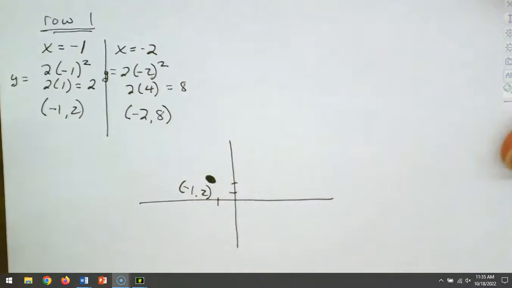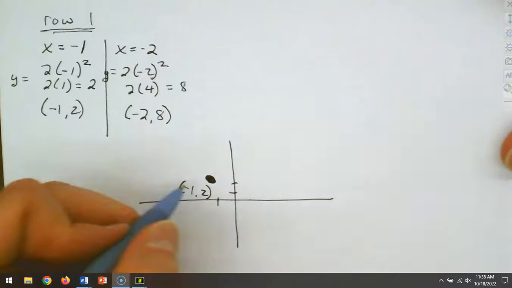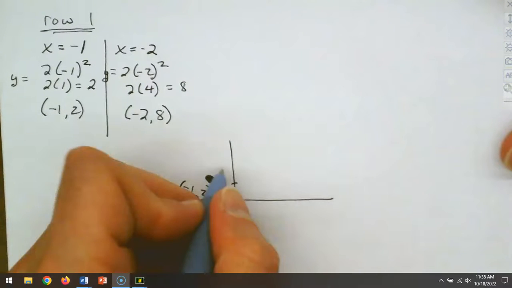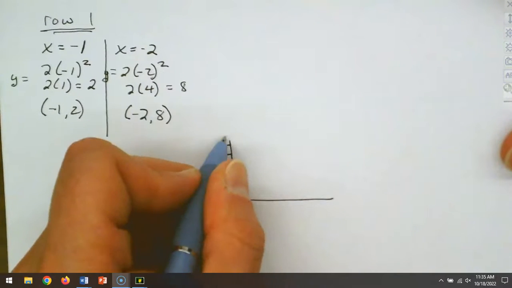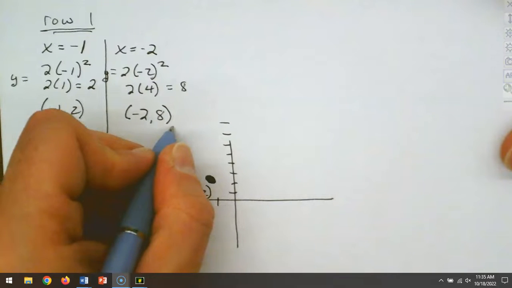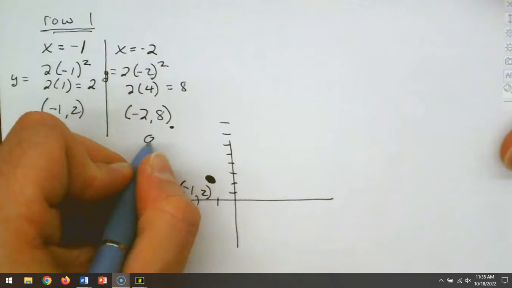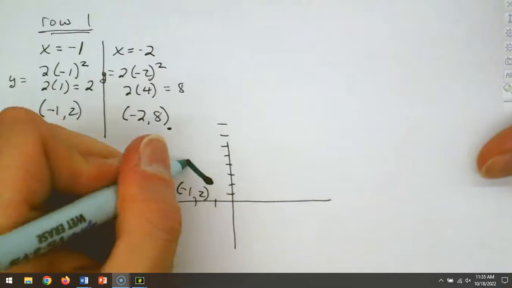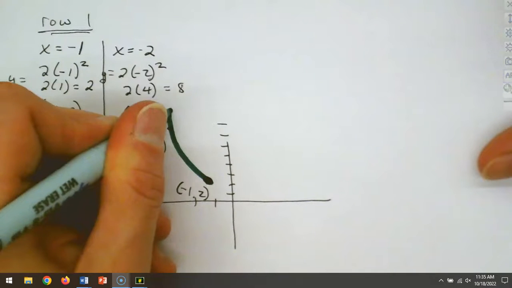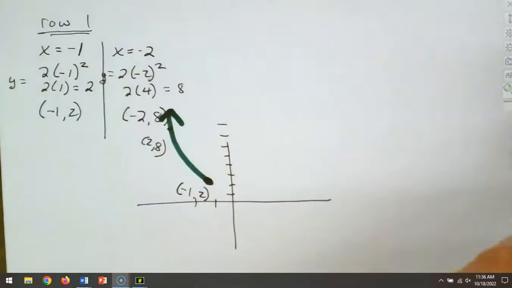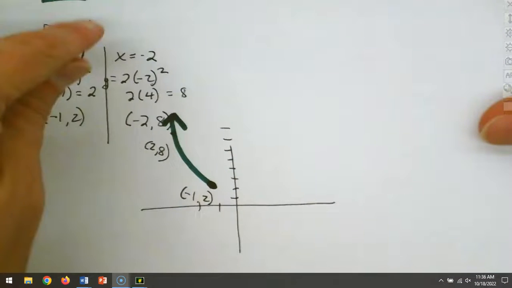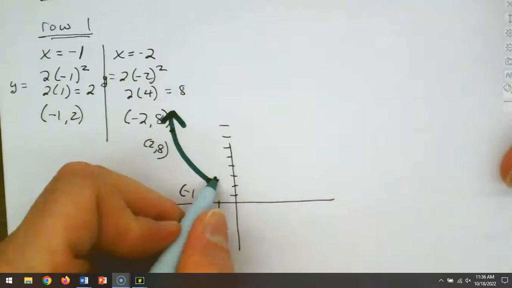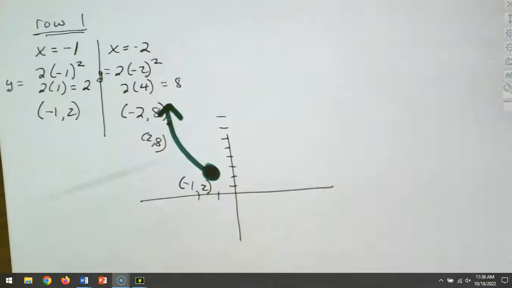What's my next point? Negative 2, positive 8. So 2, 3, 4, 5, 6, 7, 8. So that's clear up here. And I'm going to connect them together. I'm going to use a little bit of a curve. Why a curve? Because it's x squared, so it has a little bit of a curve to it. Very important, though, this is a closed circle.